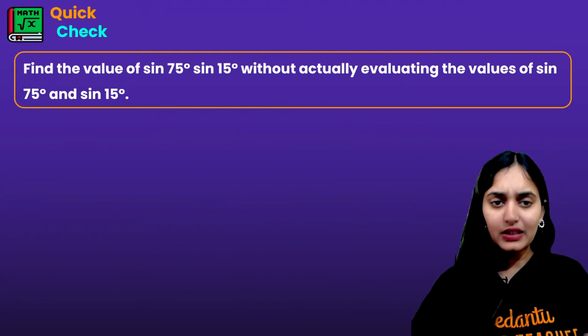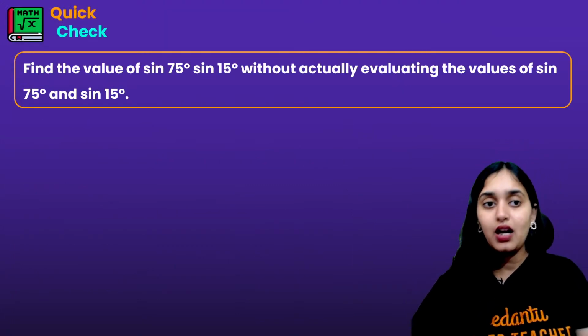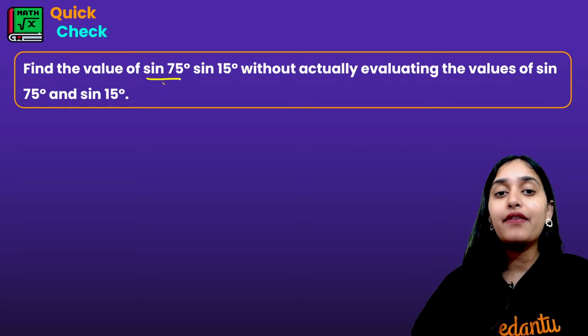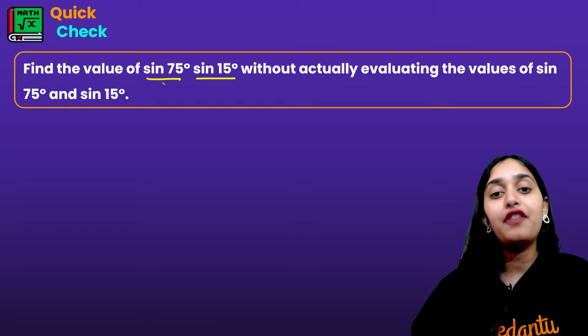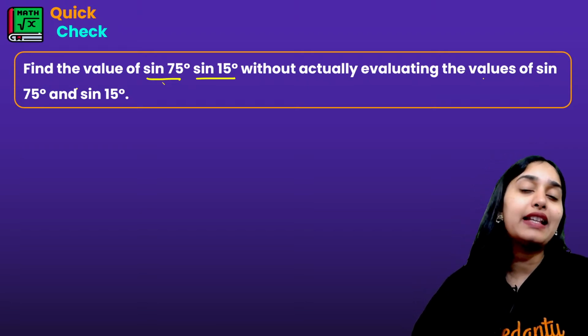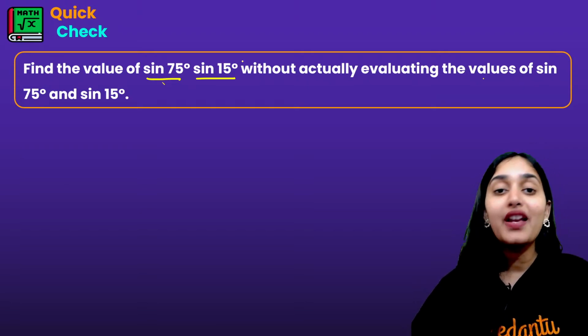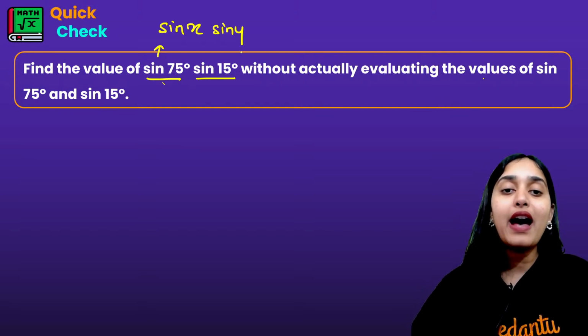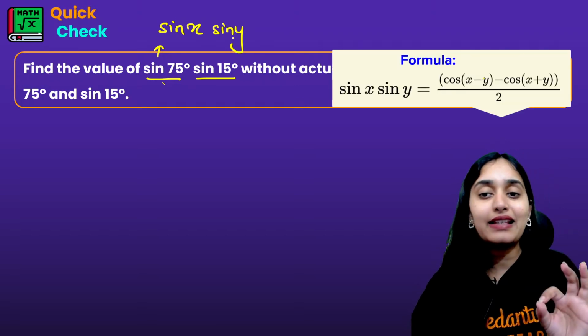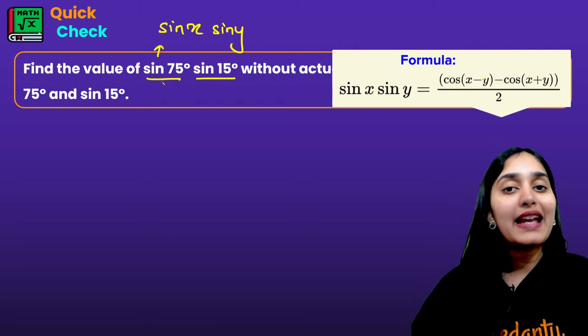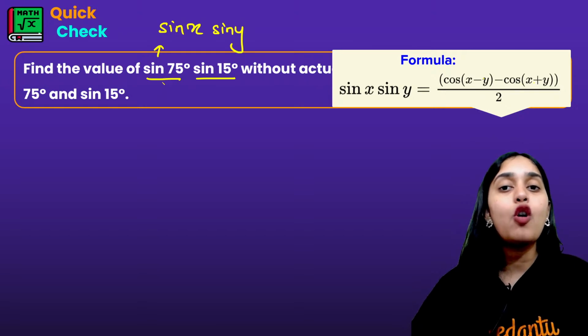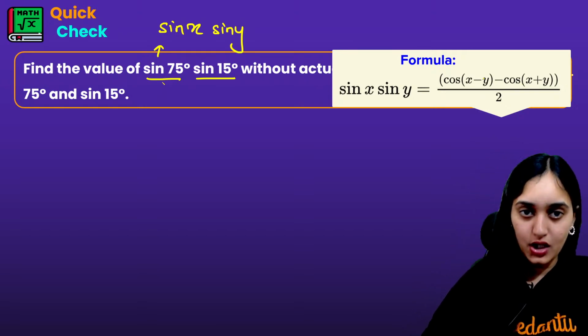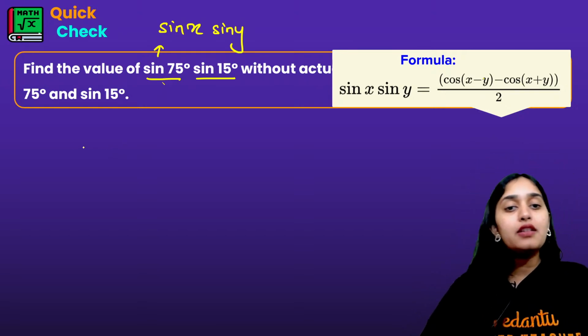Let's put it here. Find the value of sin 75 into sin 15 degree without actually evaluating the value of sin 75 and sin 15 degree. Now here this is an example of sin x sin y. What is the formula for sin x sin y? Cos(x minus y) minus cos(x plus y), upon 2. Let's put it in the formula.